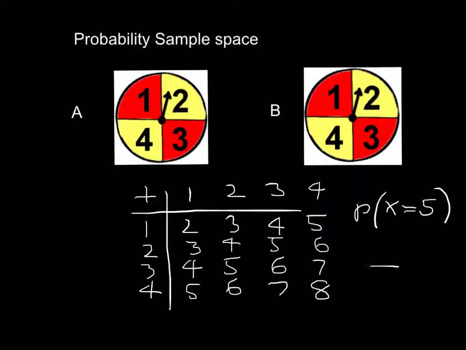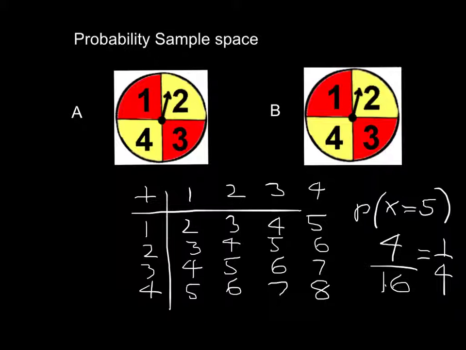So our answer is going to be out of 16. We may be able to cancel the fraction down, but we'll start with 16. So now we need to look at, out of all 16 possibilities, how many were 5? And you'll see that there's 1, 2, 3, 4 possibilities that are 5. So the probability that x is equal to 5 is 4 from 16. And of course that can be cancelled down to 1/4.